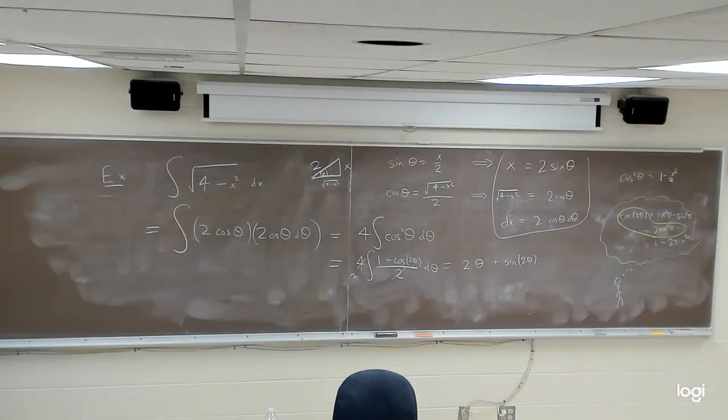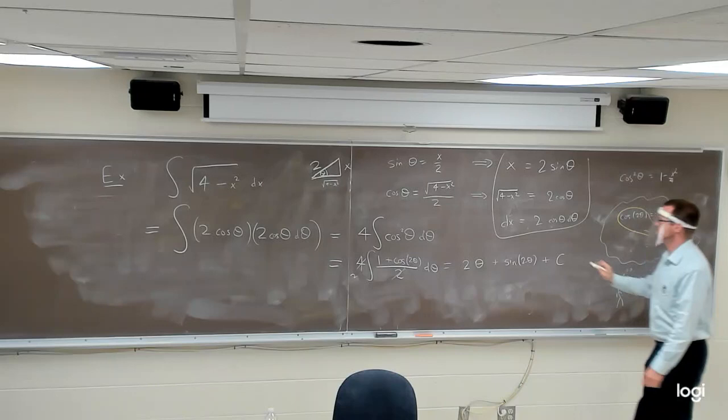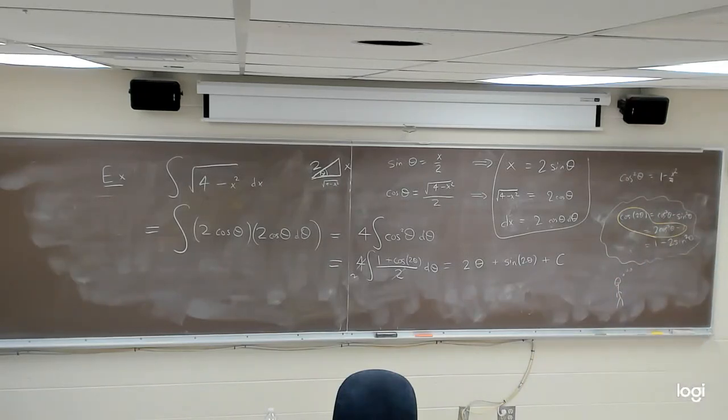When you check it, the chain rule kicks out a 2 and it cancels, and it's all good. If you're not quite up to that level of fluency, just do a u sub. It's pretty simple as u subs go. All right, so 2 theta plus sine 2 theta plus c.